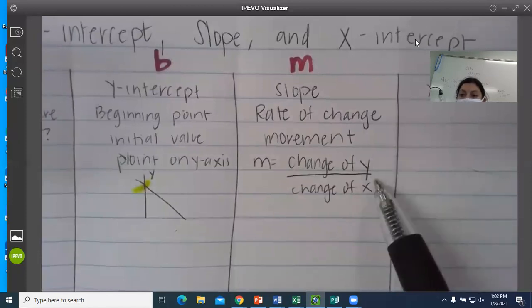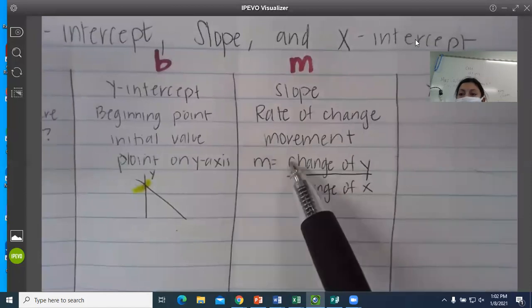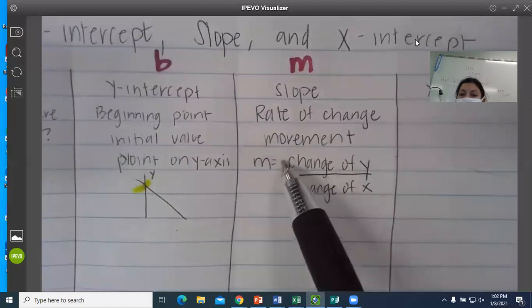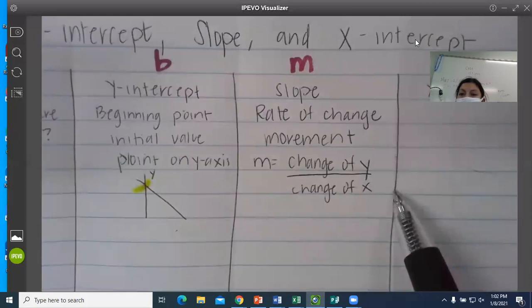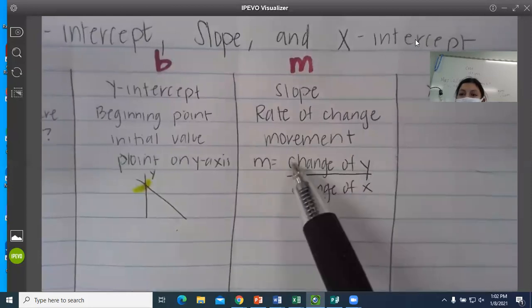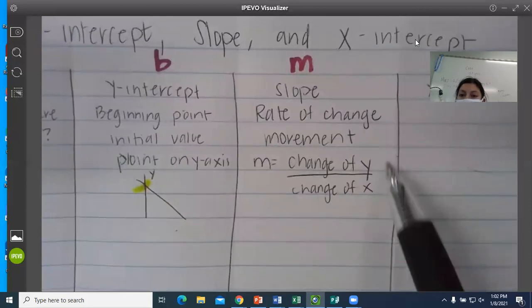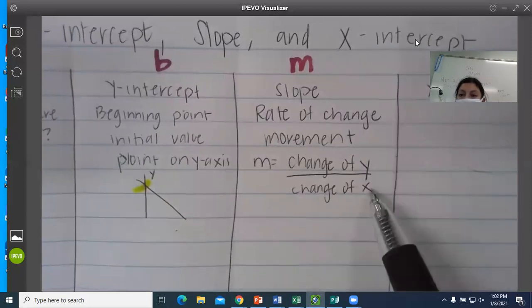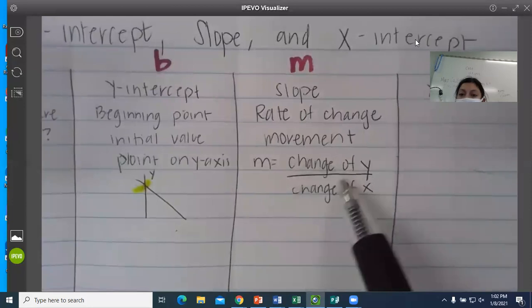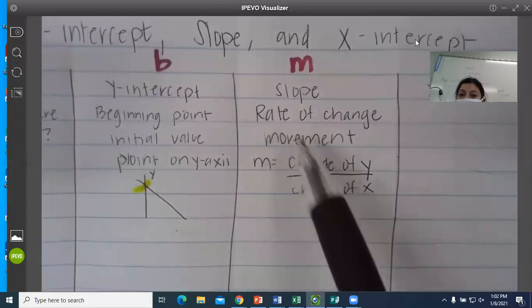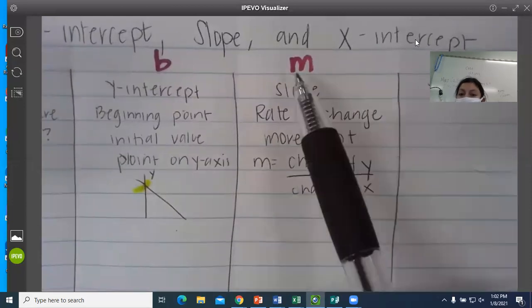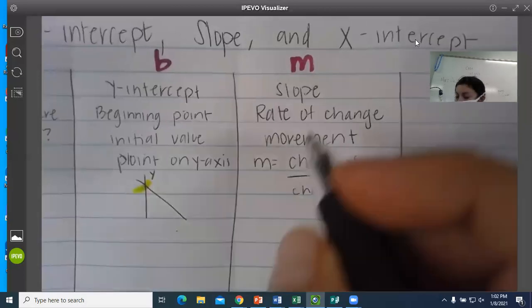These are 2 different quantities, whether we're talking about how the amount of money they have is changing over the number of days, or the number of gallons in a tank over the number of days. But these are 2 different quantities that we're comparing. And we're seeing how this together, that's the rate. And it's movement because the graph is going to be like this.